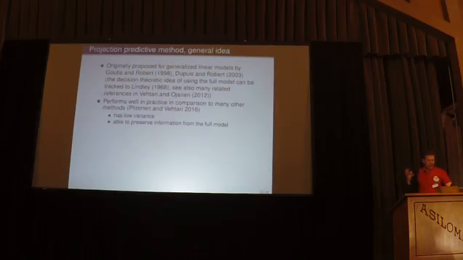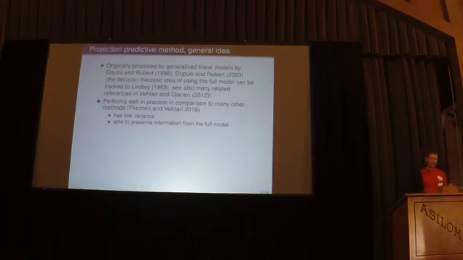The approach we have implemented in the projpred package is based on the papers by Piironen and Vehtari, but this decision theoretic idea of using the full model and then thinking how to do the inference if in the future you are allowed to use only some of the covariates dates back to Lindley in 1968, and it's strange that it's not used more.